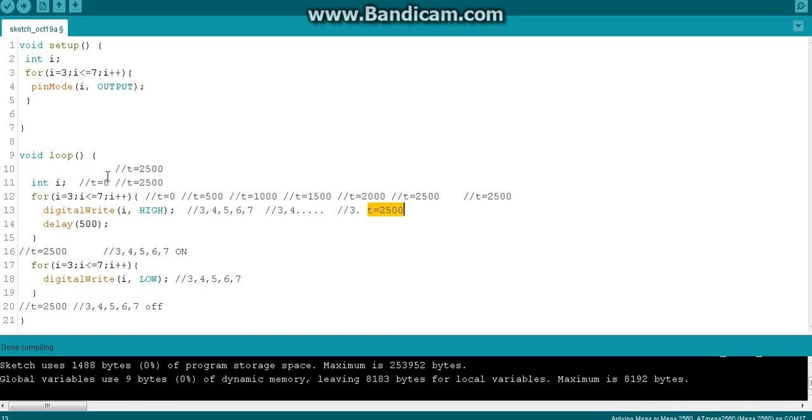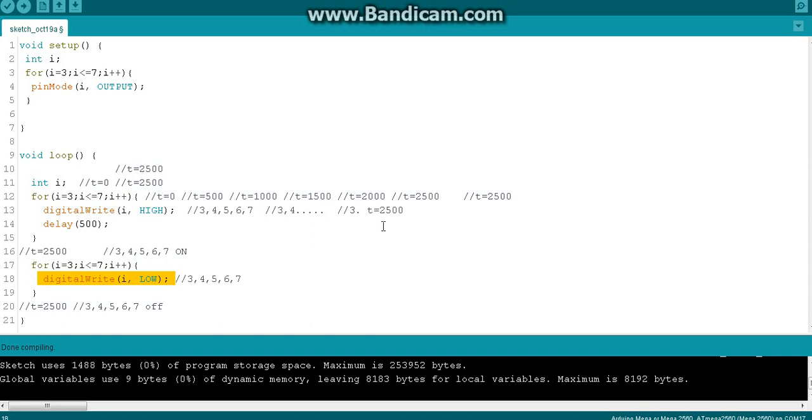Even though they are two different iterations, one after another, the time is the same, because no time is taken moving from one line to another unless there is a manual delay. At the same time, we have set the pin number 3 to switch off and to switch on. Here we say to switch off, here we say to switch on. See, digital write high and digital write low.